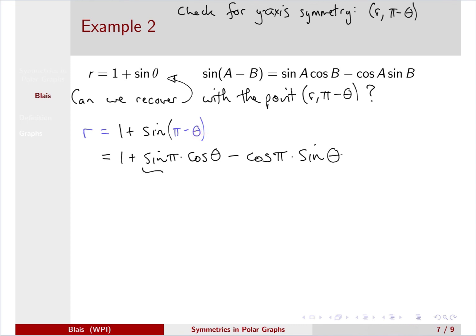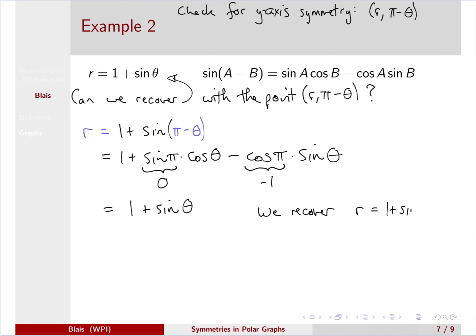We know sine of pi is 0, and we know cosine of pi is minus 1. So this becomes 1 plus sine of theta. This string of equalities was for r, so we see that we recover the equation r equals 1 plus sine theta, which means that the point r, pi minus theta satisfies this equation.